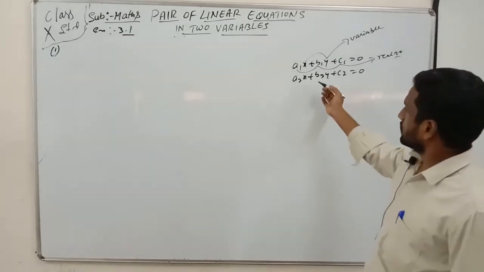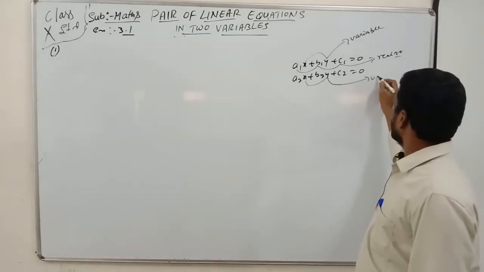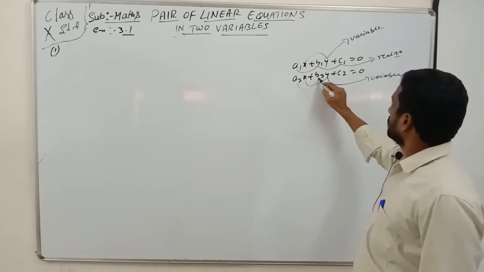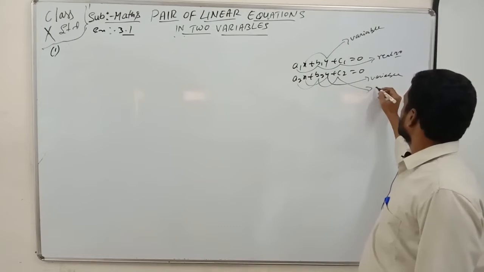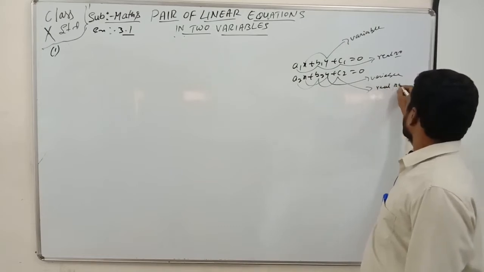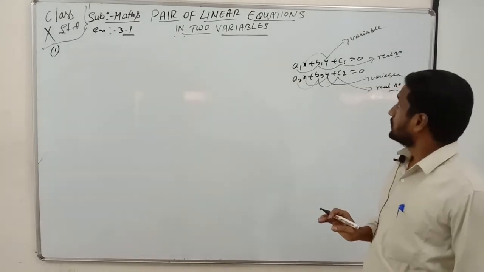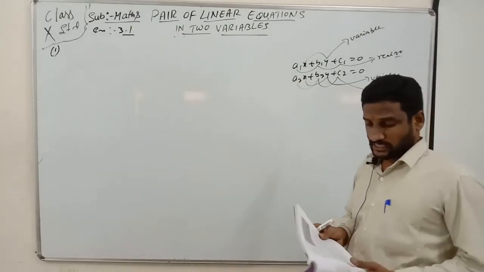Similarly here also, x and y are the variables, and a2, b2, c2 are the real numbers. So the equation always should be in the form of general form. So now let's come to the exercise here.